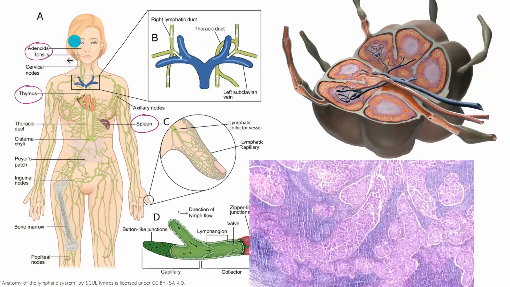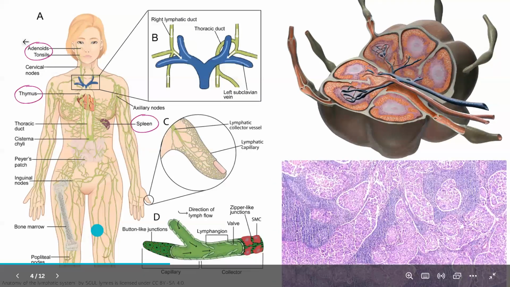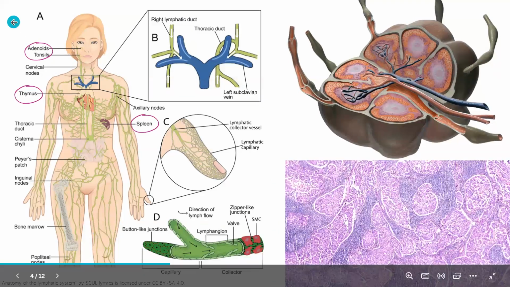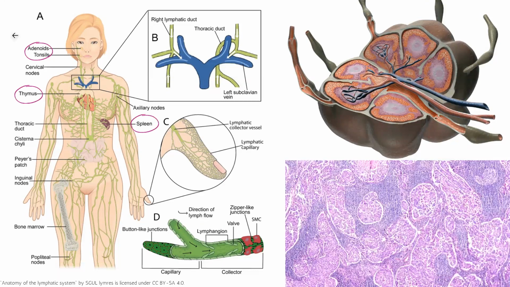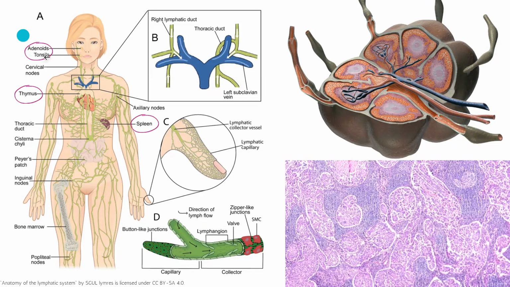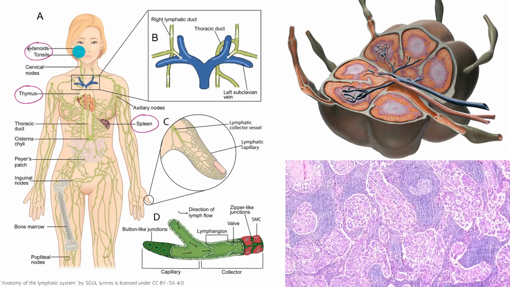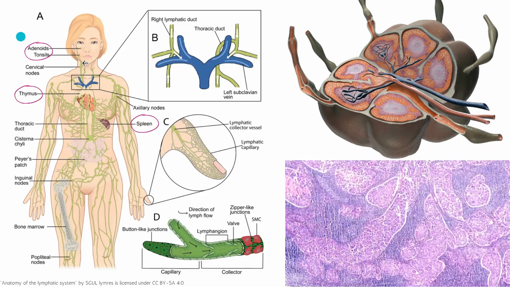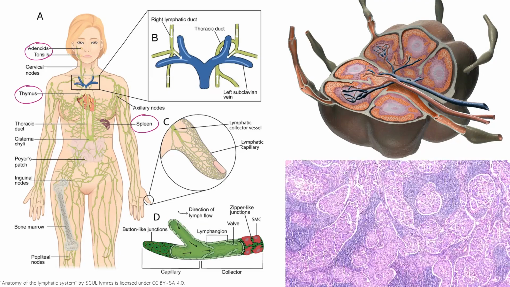Okay, so this picture here shows us a map of our lymphatic vessels as well as the different tissues involved in our lymphatic system. So some important lymph tissues are our adenoids, which are found kind of right near our nasal cavities. Our tonsils are part of our lymphatic system. They're made of lymph tissue.